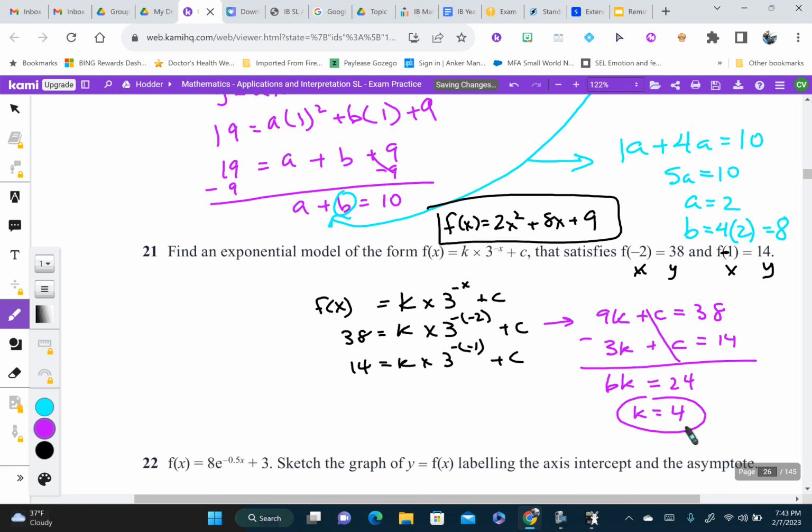So now I can go ahead and write down what it is that I know. So I have f of x is equal to, right, my k is 4. So I'm going to do 4 times 3 to the negative x plus c. So I can use my other equation.